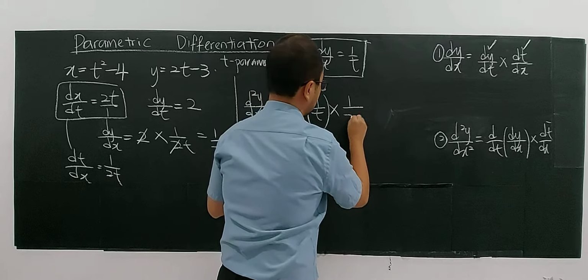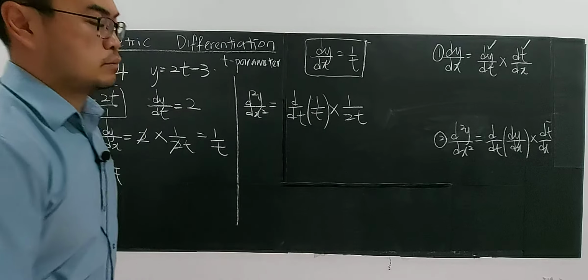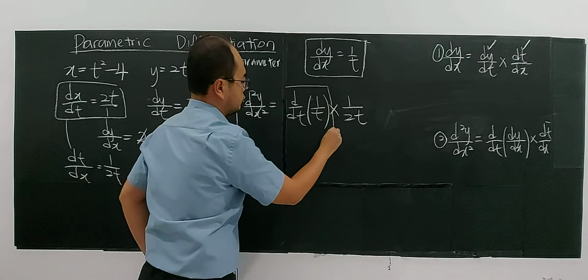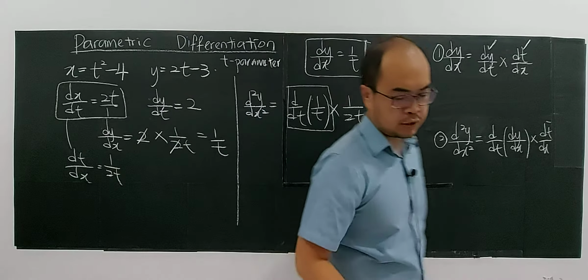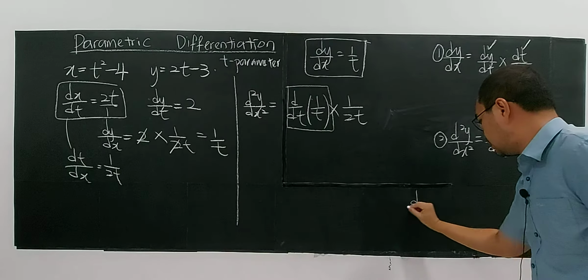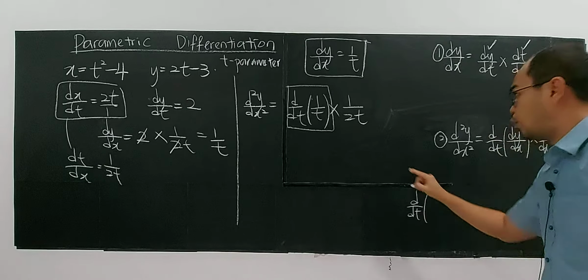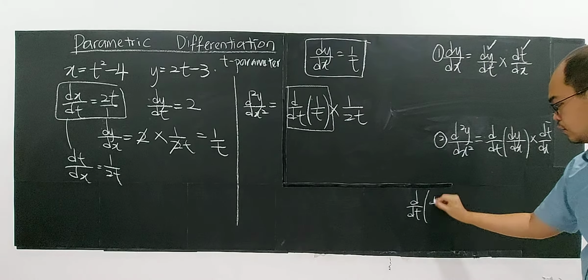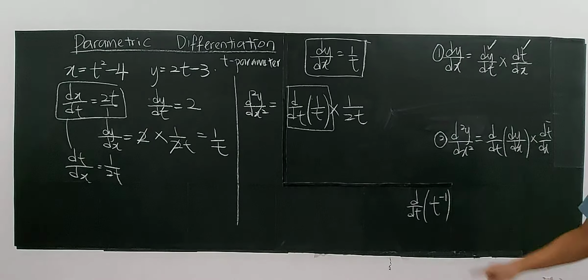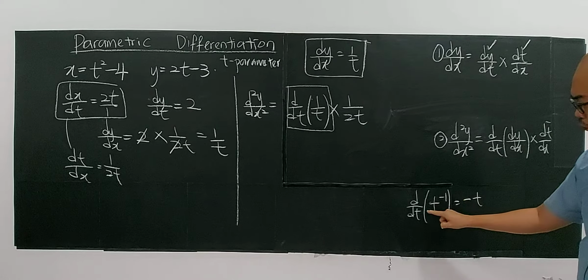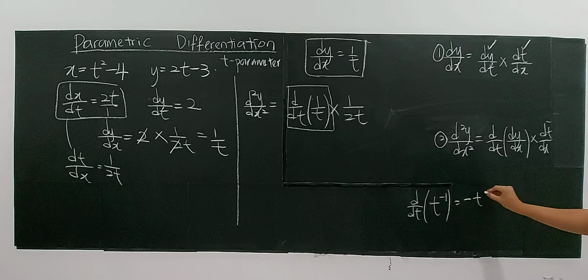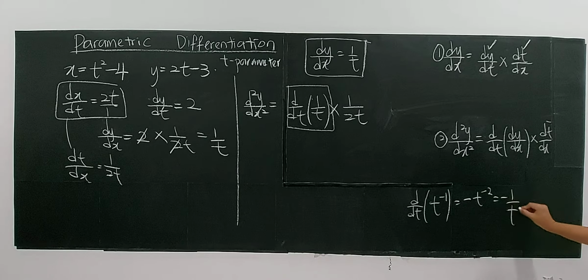Of course, this is the one that you should differentiate: d/dt of 1 over t. 1 over t is t to the power of negative 1. Differentiate t to the power of negative 1: bring down the power, basic rule, negative t, and the negative 1, you minus 1, you're getting negative 2. Then you have negative 1 over t to the power of 2.